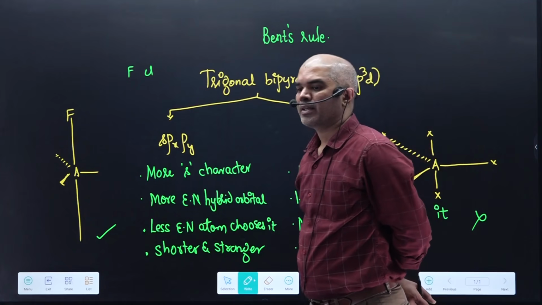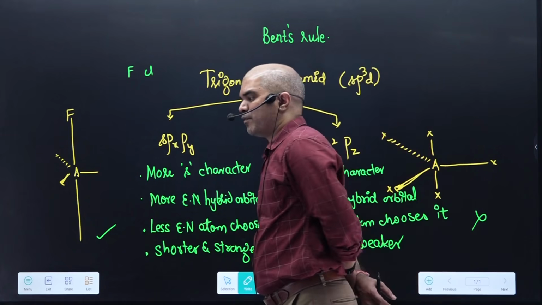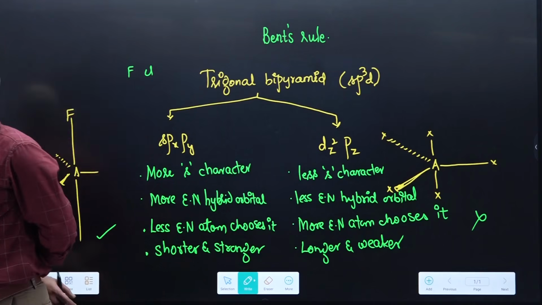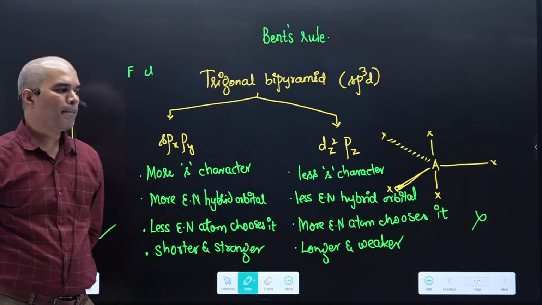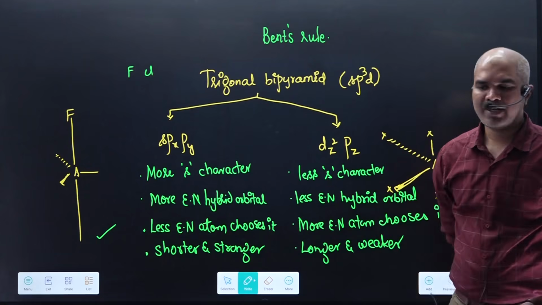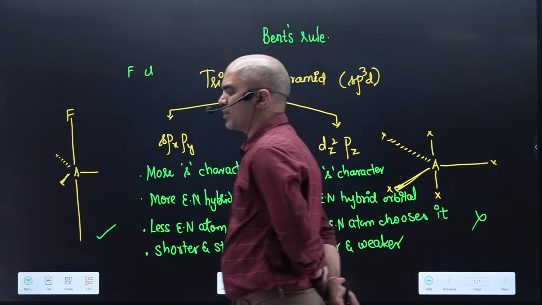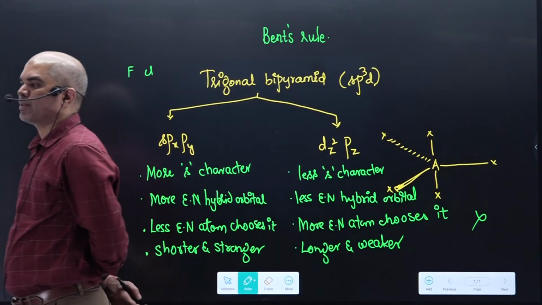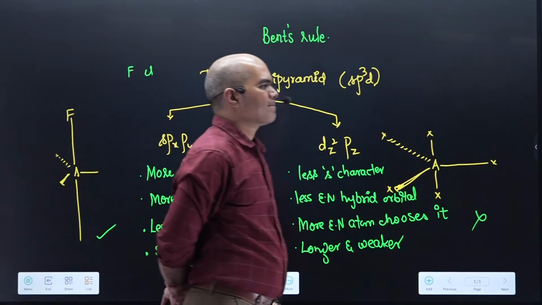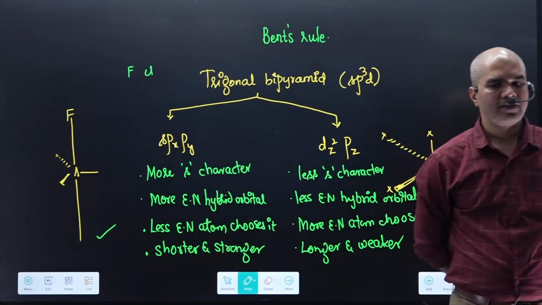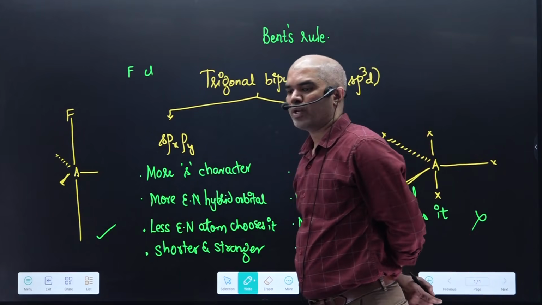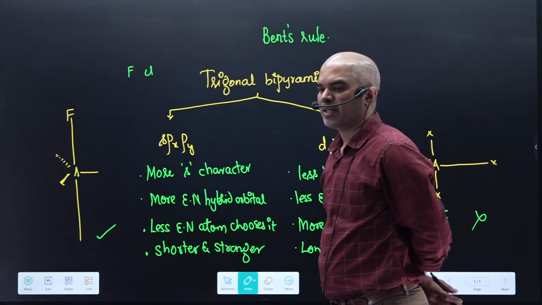And the less electronegative atom, or more electropositive atom, will choose that hybrid orbital which has more s character. Okay, that is Bent's rule.